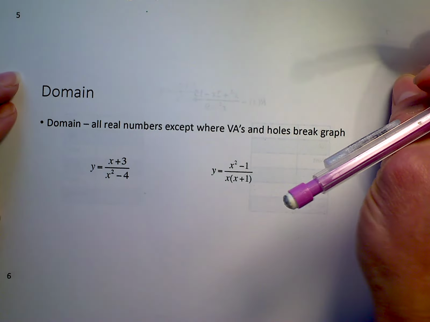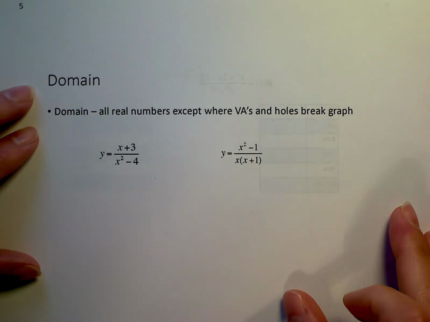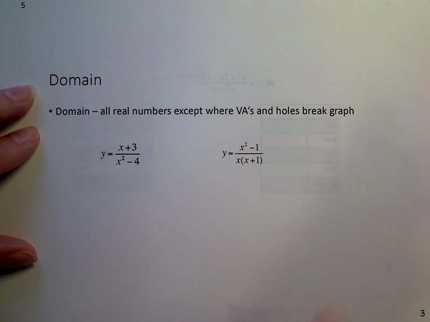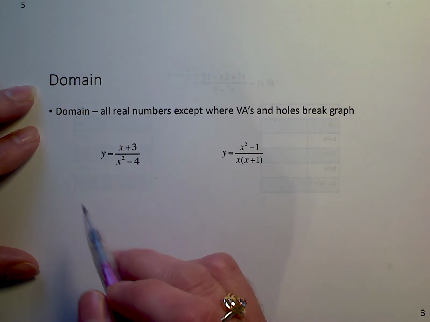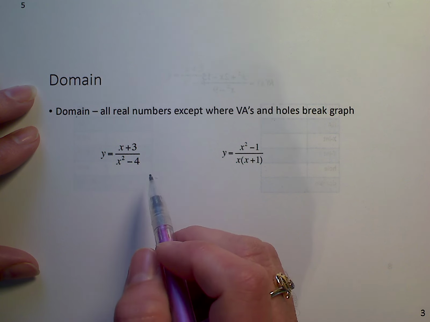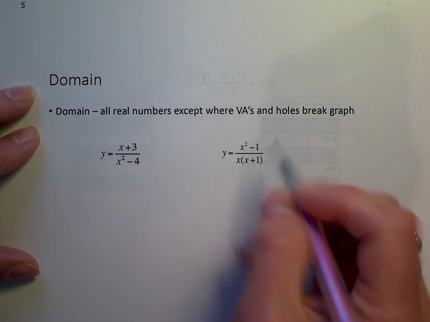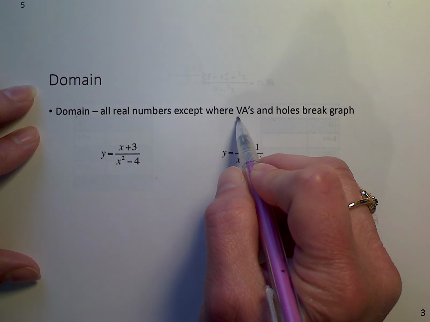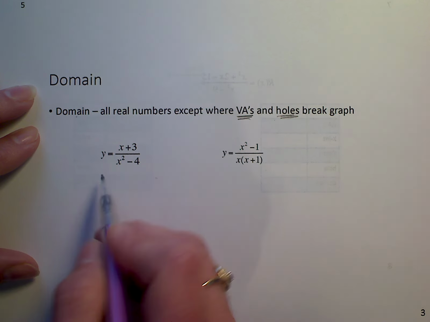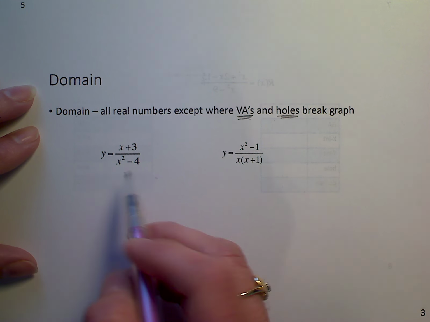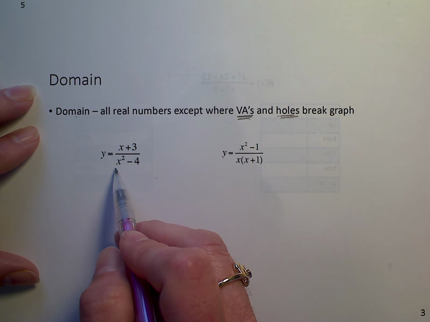All right, the last little piece here that we have to put together is the domain. Remember, the domain for a rational function is for the denominator. It's where the denominator equals 0. So the vertical asymptote, or the hole, will cause a 0 in the denominator. So we're still doing the same thing, guys.